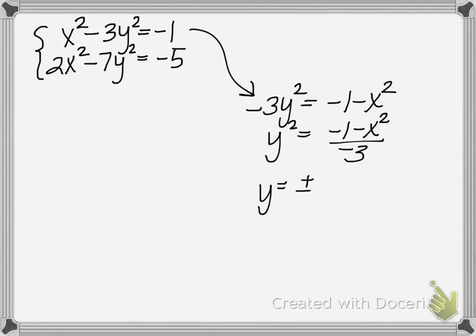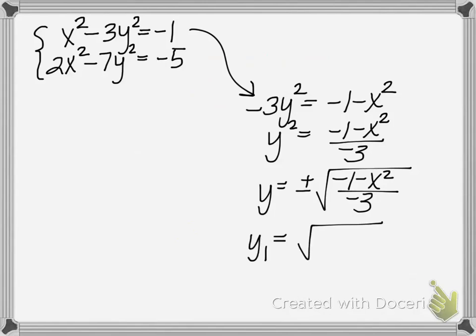So I end up with positive and negative square root of negative 1 minus x squared all divided by negative 3. Really, what I will be doing here is entering the positive square root on my calculator in my y1, and then I'll enter the negative square root in my y2.